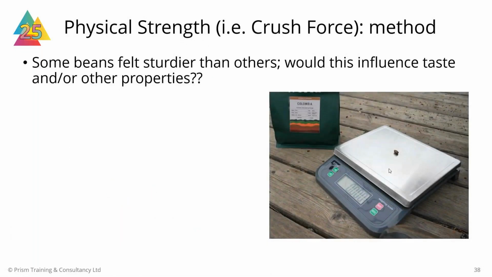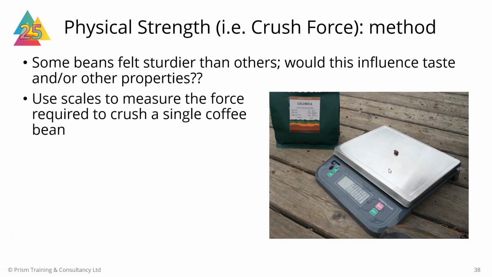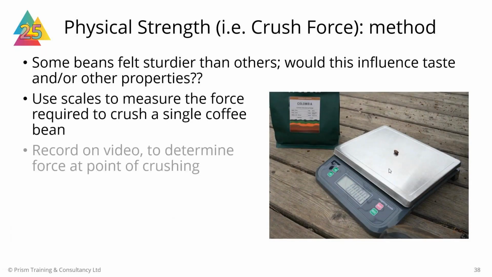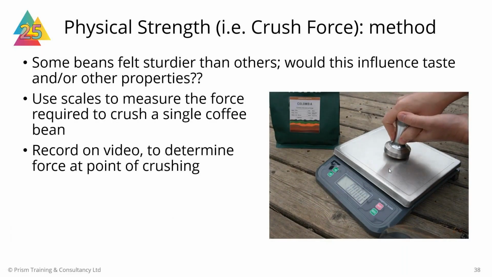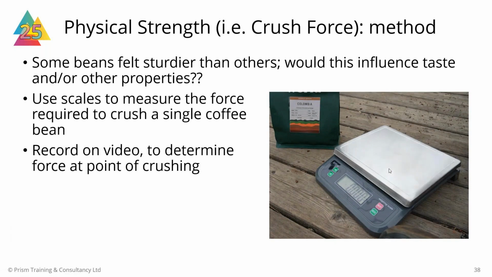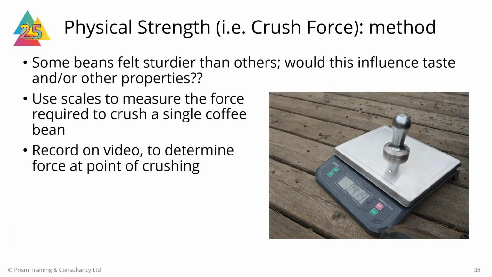Something else that I thought it would be interesting to measure is the strength of the coffee bean, the physical strength. How much force is required to crush an individual coffee bean using some scales. So what I did, very scientific, you can see this. I got a tamper and I squished the bean until eventually it crushes. And then I can watch the video back and see the exact force that was applied at the point that the bean crushed.